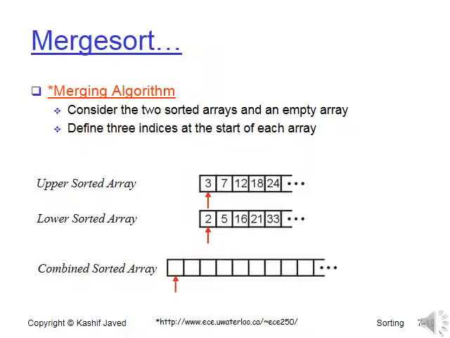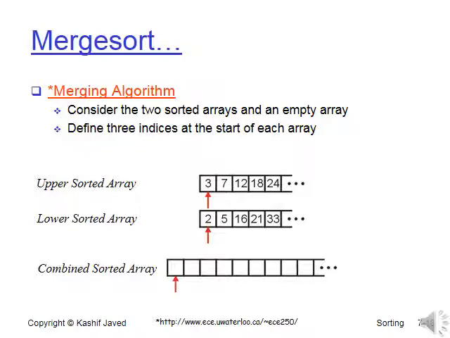The fundamental operation in the Mergesort algorithm is merging two sorted lists. A merging algorithm takes two sorted sequences as inputs and combines them into a single sorted sequence. Now let's consider two sorted arrays, upper and lower, as well as a third one, which is an empty array.